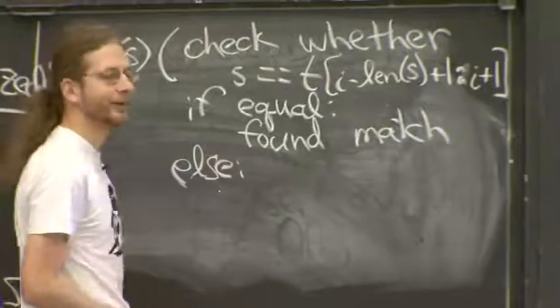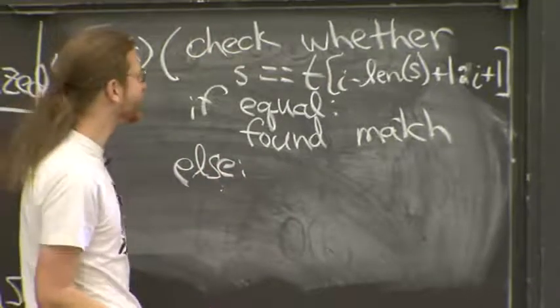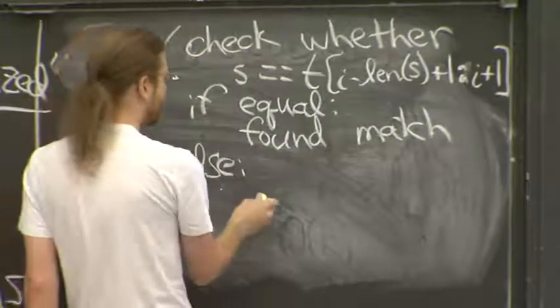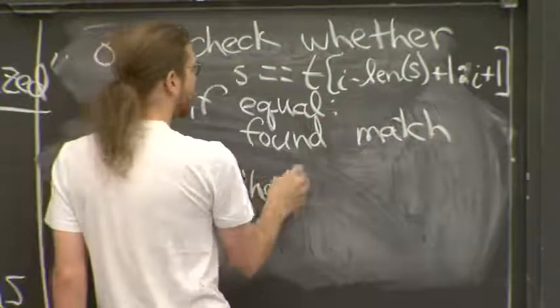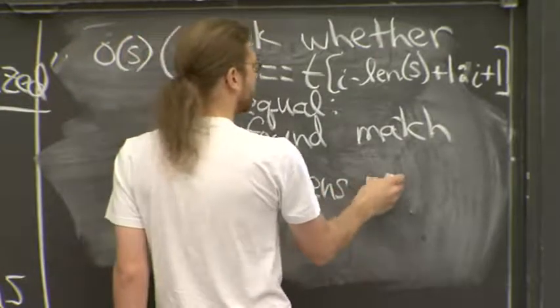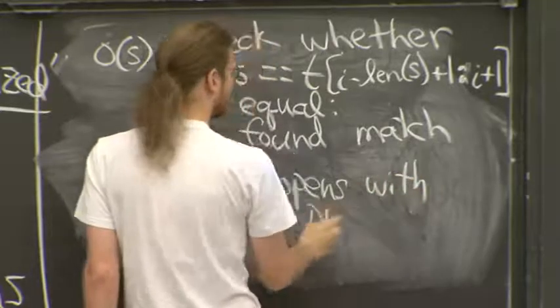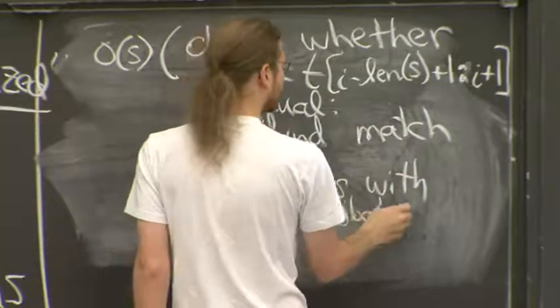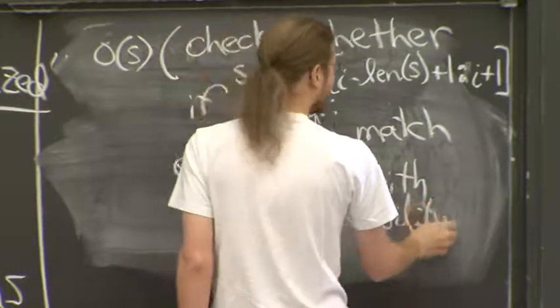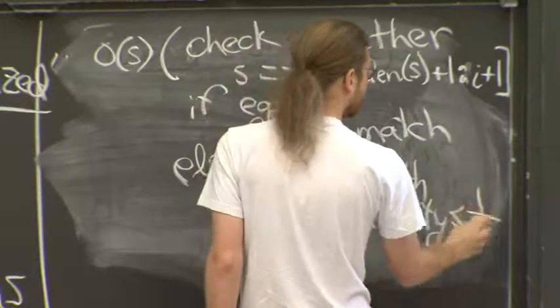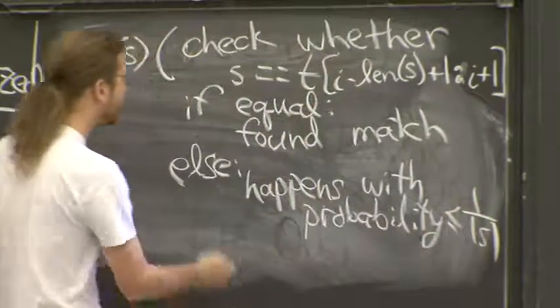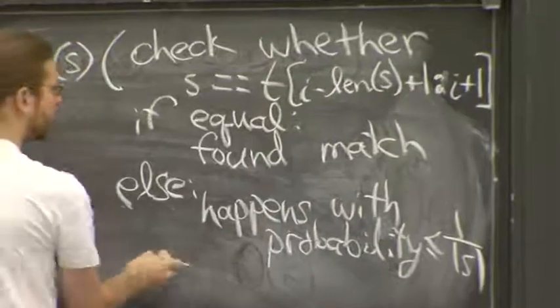we basically hope, or we will engineer it so that this happens with probability at most 1 over s. If we can do that, then the expected time here is constant.